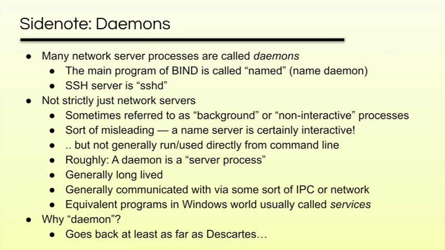So, roughly, and this is a vague term, a daemon is a server process. They're generally long-lived, and they're generally communicated with through some sort of inter-process communication or network mechanism. The equivalent programs in the Windows world are generally just called services.